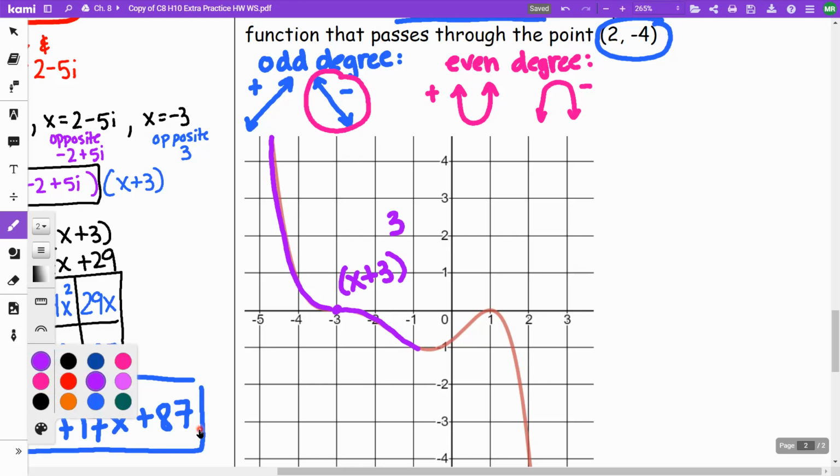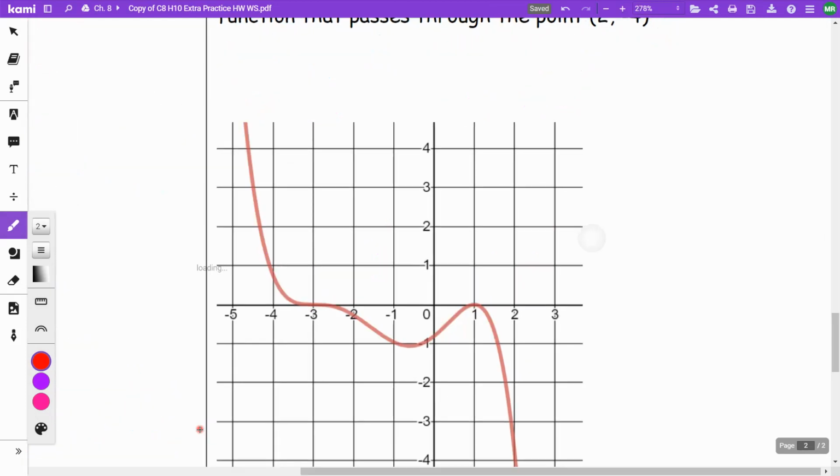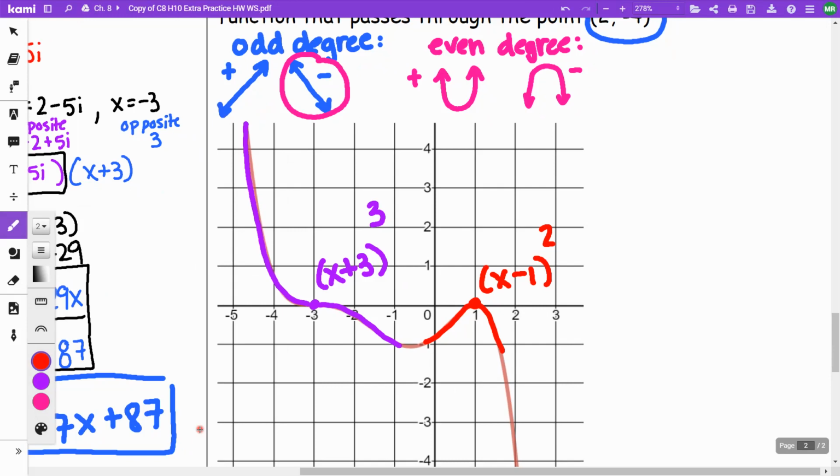Then it's coming up to this here at 1, which would be an x minus 1. It does not go through. It bounces back, which is like a parabola, so that's going to be a square. I only have 2 places that it touches the x-axis, okay? Now, a 3 and a 2 make a 5, so that is an odd degree, so that's looking good.